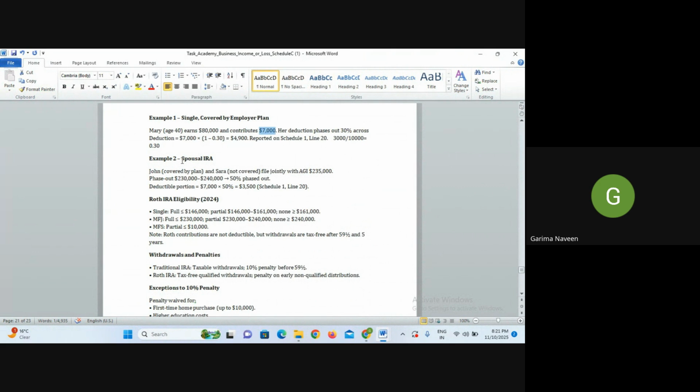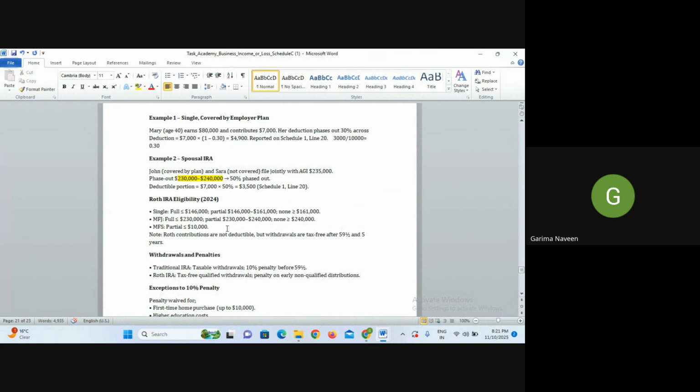Okay, next is spouse IRA. So if you are filing jointly with your spouse, and your spouse is covered under some plan, like John and Sarah file jointly with an AGI of this, the phase out limit will be given in the question, and this part mainly comes in the TCP section.